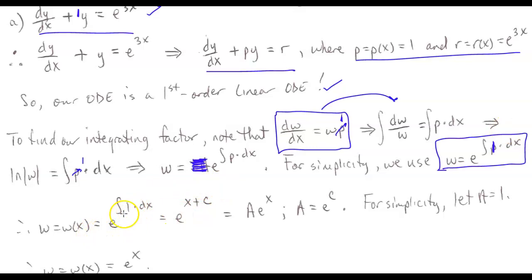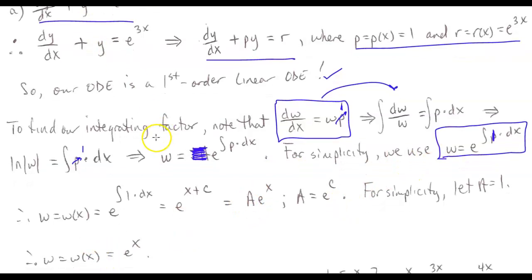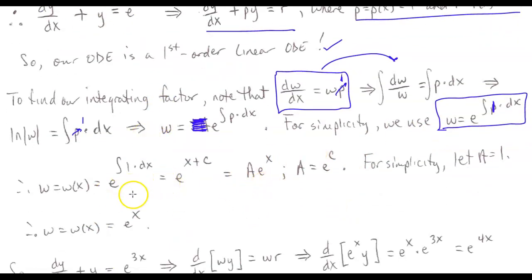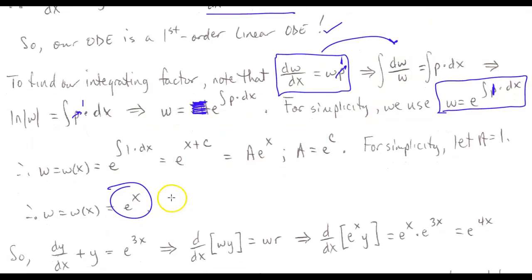So of course, now I actually apply that here, and the integrating factor ends up being e raised to the x plus some constant c, which could be the same as a times e to the x, where a is just some constant. And thus, since we really don't need the constant part, the integrating factor is just e to the x.